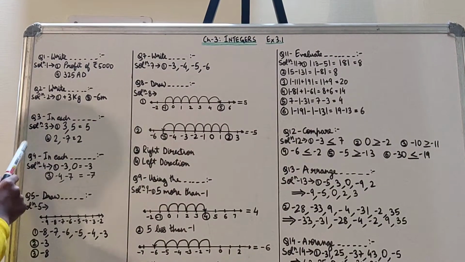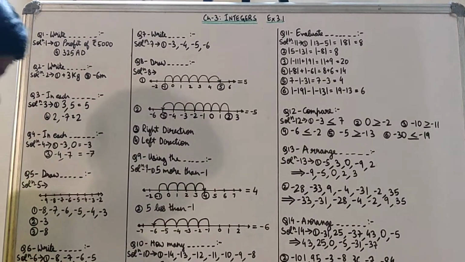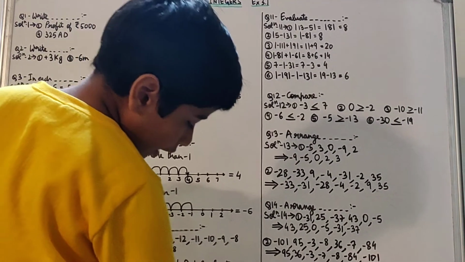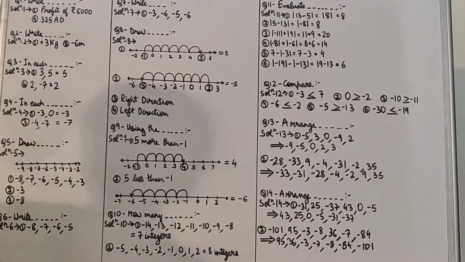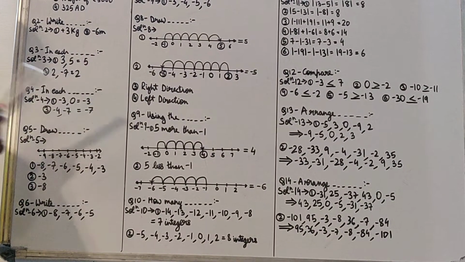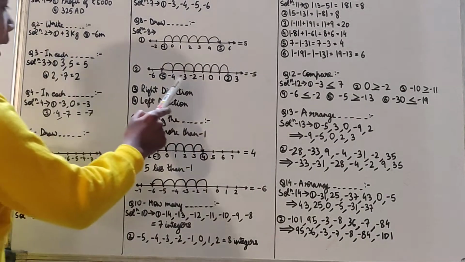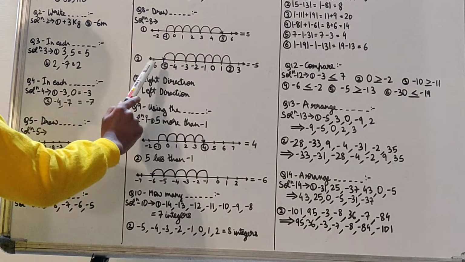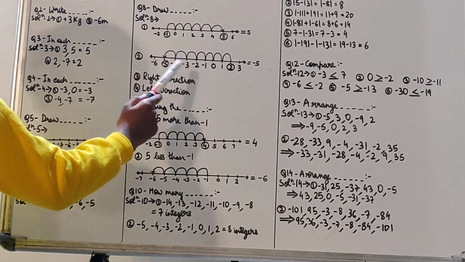Then question 4. In each of the following pairs, which number is to the left of the other on the number line? -3 and 0. Now you can see that -3 comes towards the left. I am taking an example over here.